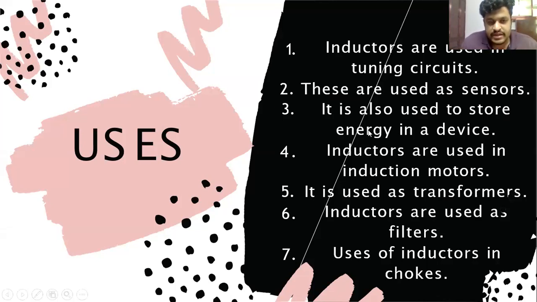Inductors are also used in some particular motors, called induction motors. Inductors can be used in transformers, which we'll study later. Inductors can be used as filters, and also as chokes. These are the things you need to remember.